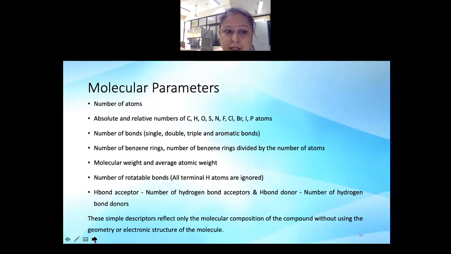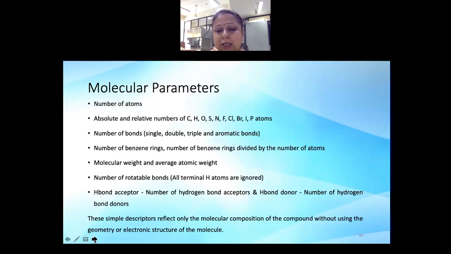So, the number of atoms, absolute and relative numbers of carbon, hydrogen, oxygen, sulfur, nitrogen atoms in the molecule, the number of bonds and whether they are single, double, triple or aromatic bonds, the number of benzene rings, the number of benzene rings divided by the number of atoms, molecular weight and average atomic weight, the number of rotatable bonds, hydrogen bond acceptors and hydrogen bond donors.